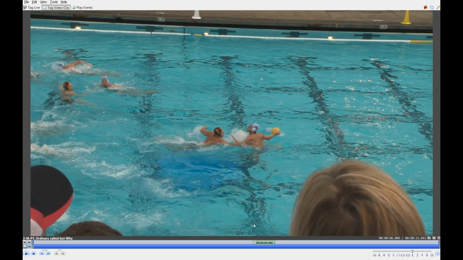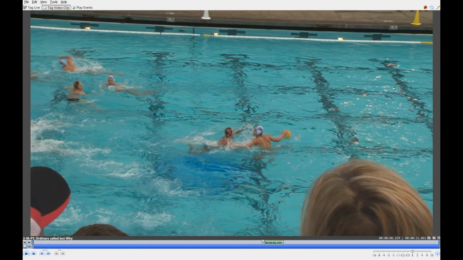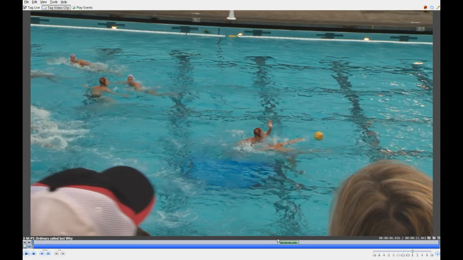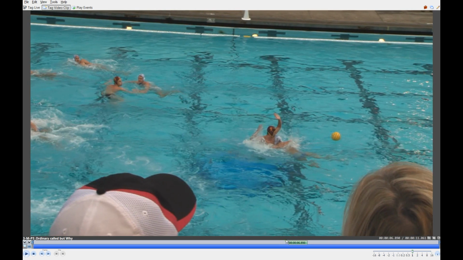So he uses his left hand on the defender's right shoulder and ducks into the defender as he lets go of the ball.